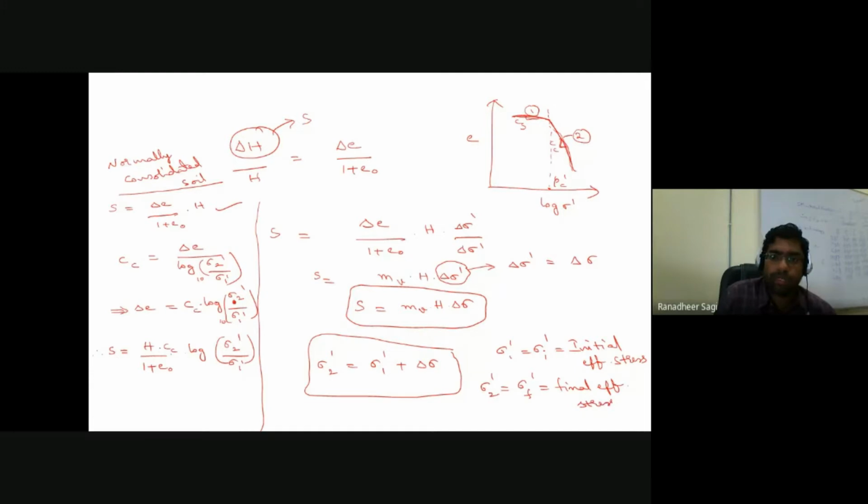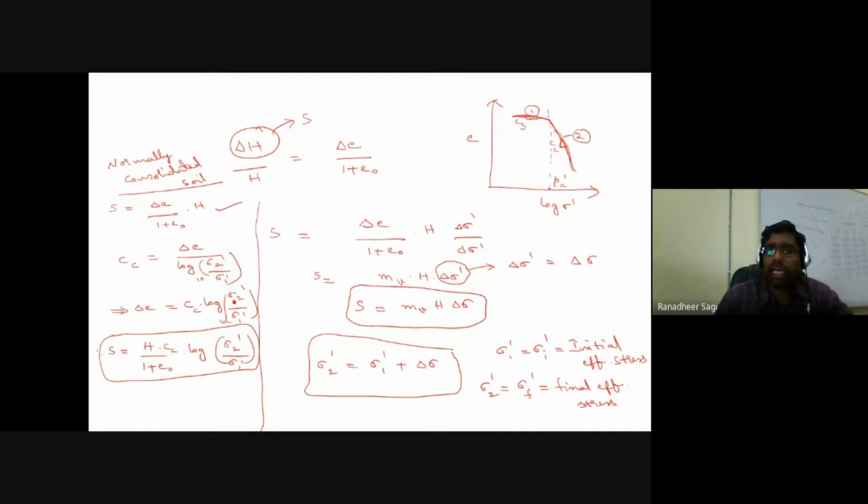So in that particular clay layer, how much is your initial effective stress getting developed, how much is your final effective stress getting developed? If I can calculate that, then I can say how much settlement is going to happen in that particular normally consolidated soil.